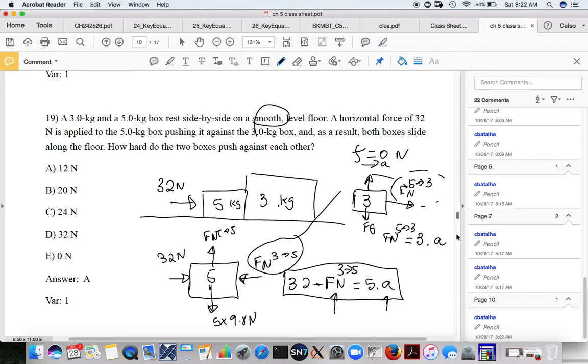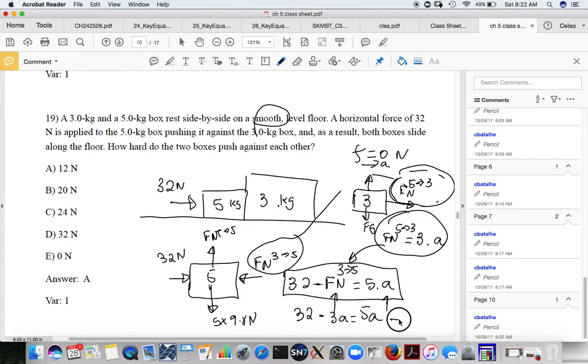Oh, how cool that is. Now I can take this quantity here and sub it in there. See that? And when I do this, 32 minus 3a is equal to 5a. Why did I do that? Well, I did that because the numerical values of these two forces are the same. And then I can sub it in there.